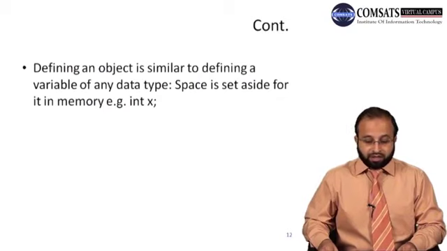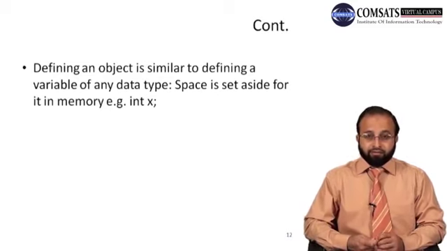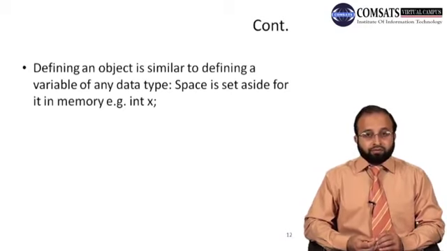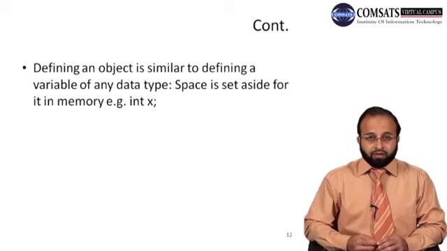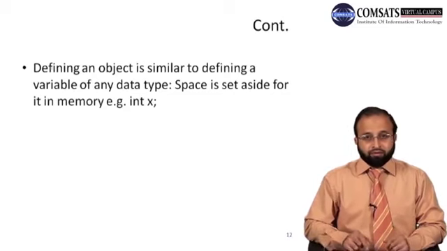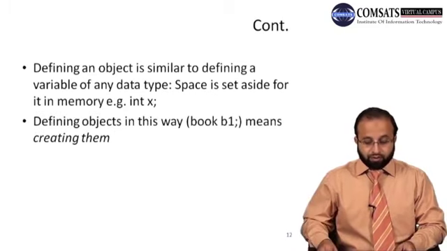So defining an object is similar to defining a variable of any data type. A space is set aside for it in memory. For example, if you declare int x semicolon, this means that 4 bytes of memory will be allocated for the variable x. Same is the case if you create an object of a class like book b1 semicolon, then the memory is allocated for the b1 object, right? So defining an object in this way means creating it.